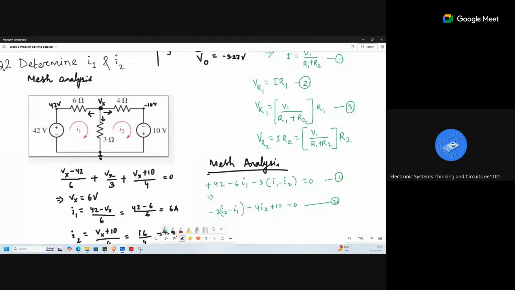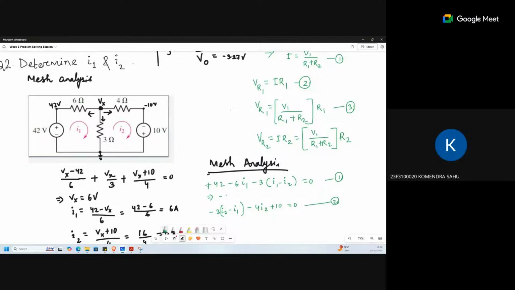So from here, if you simplify, what equation are you getting? After simplifying equation 1, minus 6 I1 minus 3 I1, that means minus 9 I1 you will get here, right?